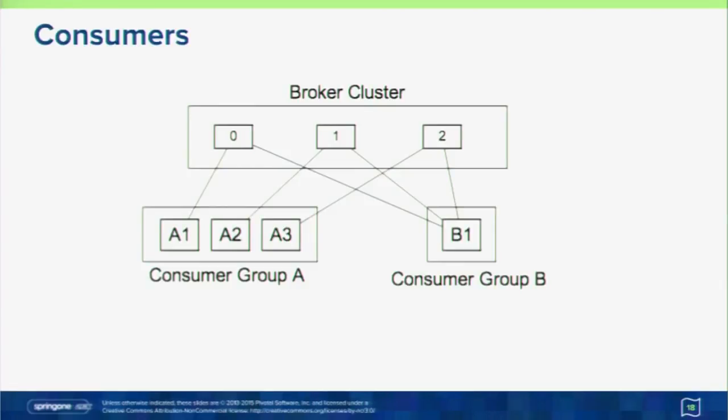If I'm reading from partition 0, and you're reading from partition 1, and he's reading from partition 2, and he goes away, now nobody's reading from partition 2. So you and I have to say, whoa, wait, I'll get partition 2, I'll read from that. You need to have someone reading from the partition, otherwise it just doesn't get processed. You've got data coming in that doesn't get processed. That's why it's important to make sure somebody's picking up that partition and reading from it.